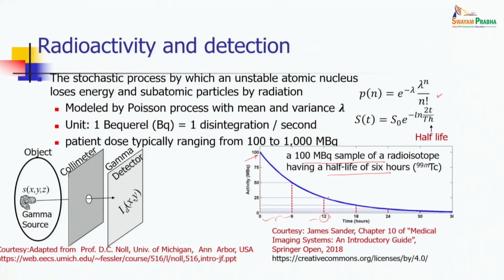So, for single photon emission computed tomography, we follow this principle: there is a detector which detects this radiation, and since it detects gamma rays, we call it a gamma detector. This array of detectors detects the radiation, and since you are doing tomography, directionality is important.